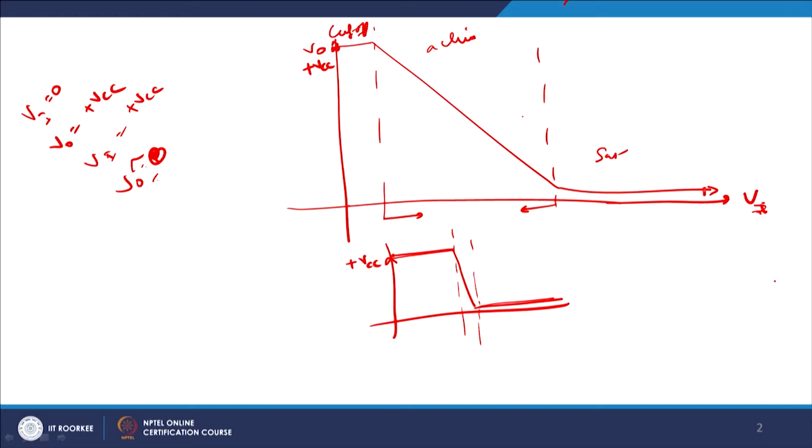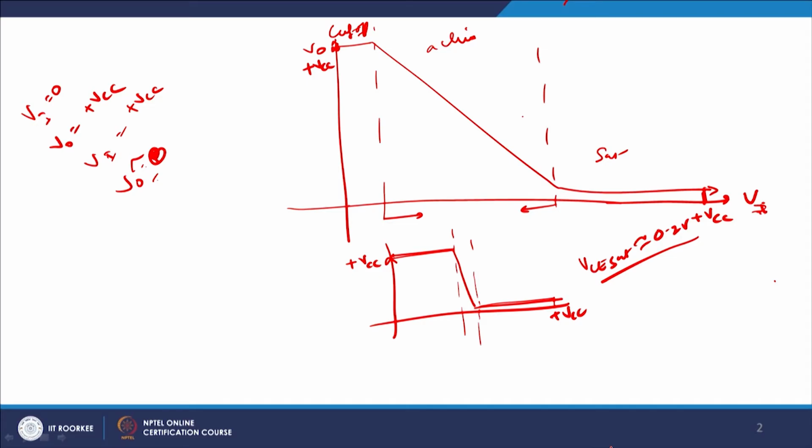So when Vi equals plus VCC, the output falls to 0 or very close to 0, typically equal to VCE sat, which is approximately 0.2 volts. So we have learned one important point: though the BJT has good switching action, it cannot go below VCE sat at the low end, and the highest it will go is VCC.